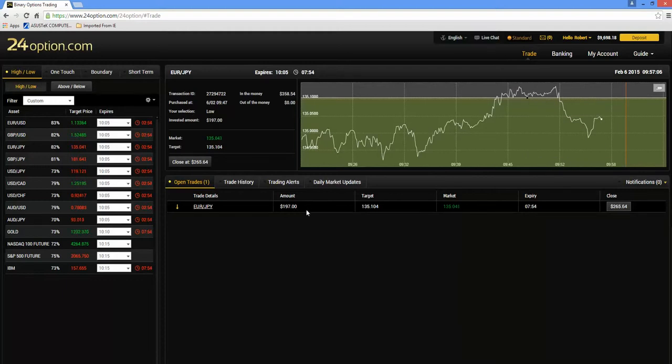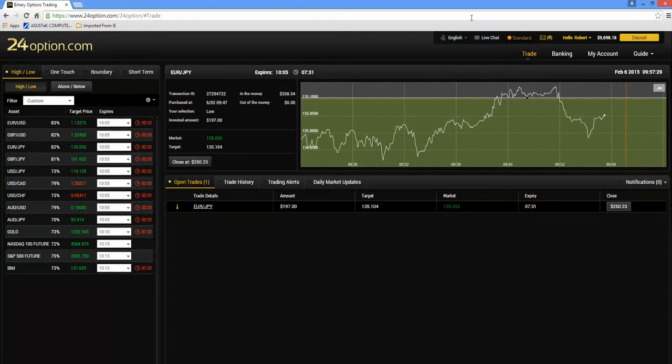So you invest 197 and expect to get out of this 358.54 in the money. That means anywhere below that line, we take that profit, and above that line, they take $197. Got 7 minutes and 35 seconds.